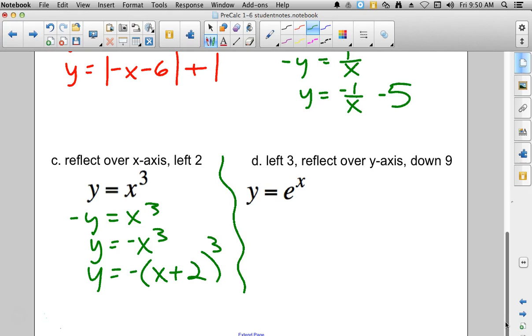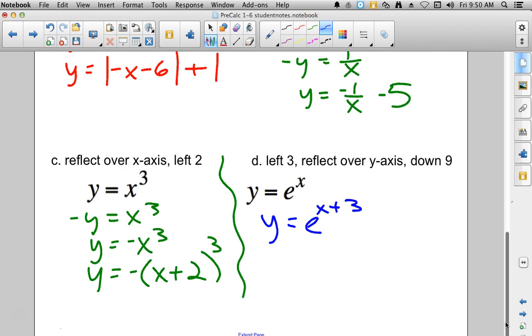Y equals e to the x, Euler's number. Left 3. Oh, how are we going to do that? It's going to be a part of the power. Yeah, it has to go with x. We know that. Any movements in the horizontal direction go with x. So x and what? Plus 3.